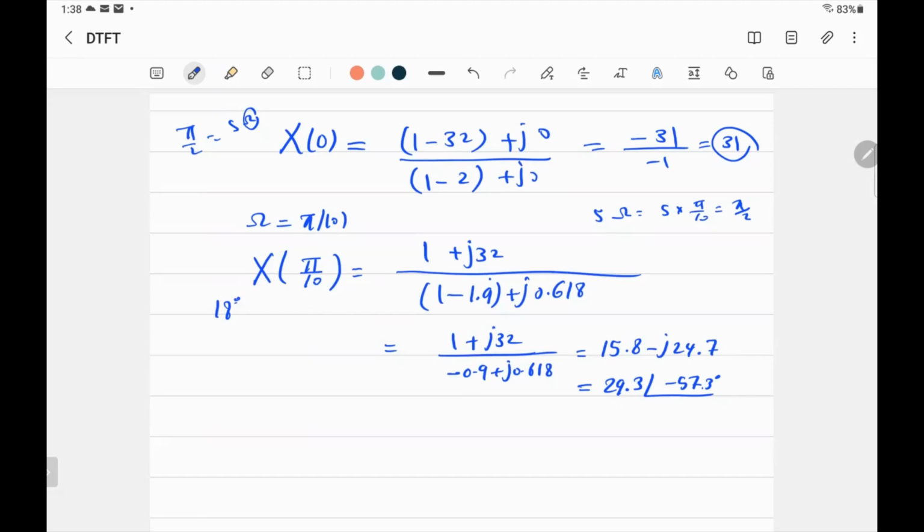You have a sine wave in this sequence, in this signal. It has DC equal to 31. It also has a sinusoidal wave, because it gives me magnitude and angle. Its amplitude equals 29.3, shifted by negative 57.3.